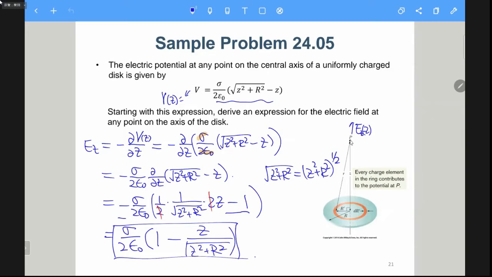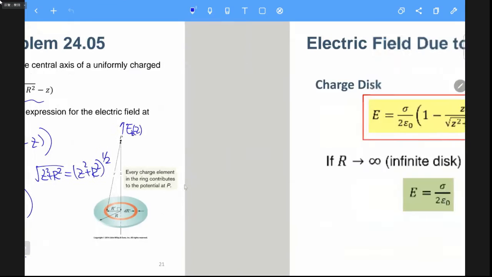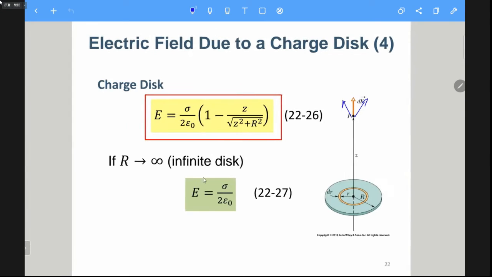We don't need to do the vector decomposition. Of course, we still need the integration, but we don't need to bother with components along different axes. After we find the potential, we take the derivative, and taking the derivative is easy. In calculus class, you know, taking the derivative is easier than calculating the integration. That's the point of what we did here.